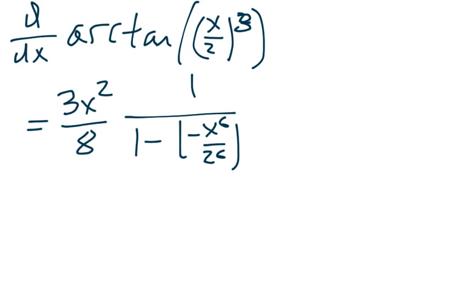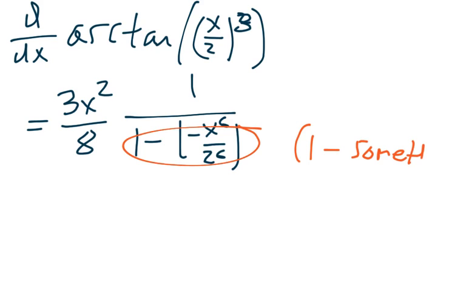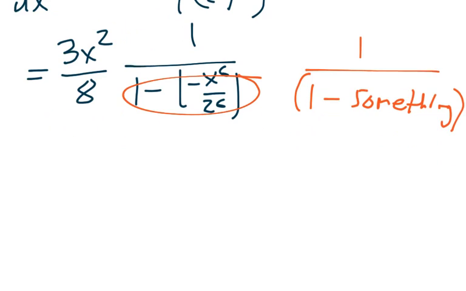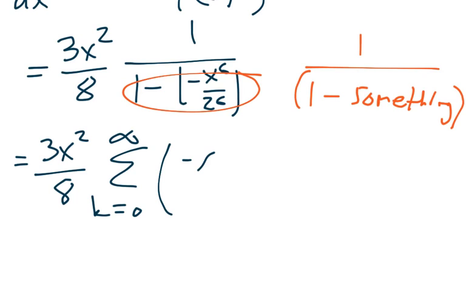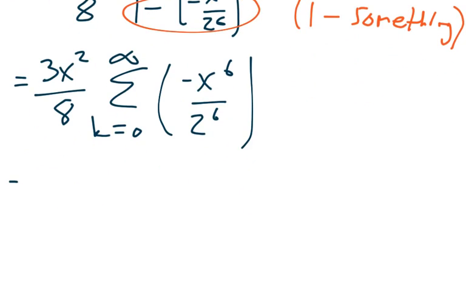So be careful. You always have to do this, because we want it always to be 1 minus something. In particular, we want 1 over 1 minus something. So what we have is 3x squared over 8, and now we have the 1 minus something that we want, and that's minus x to the 6th over 2 to the 6th, all to the k power. So then we have 3x squared over 8.